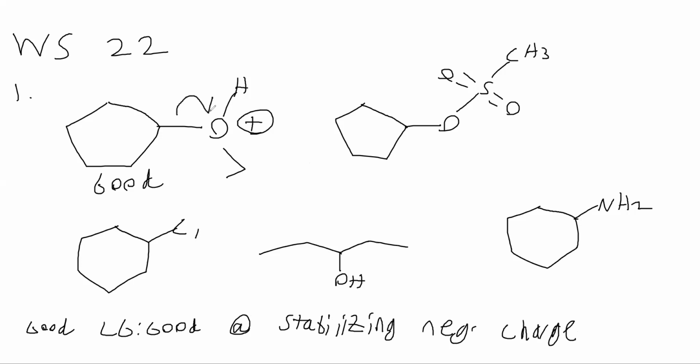So when it leaves, in terms of electron flow arrows, it's going to have an extra pair of electrons. When this first one leaves, it has a positive charge, so it just becomes neutral. That's ethanol. It just leaves as an alcohol.